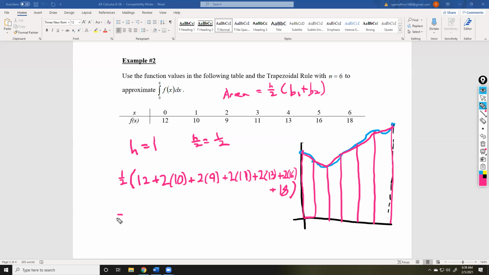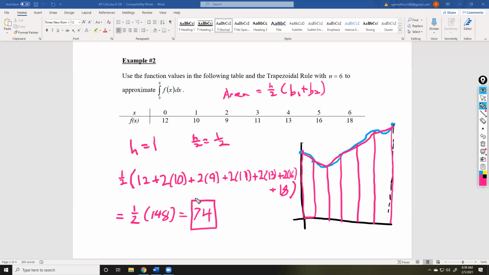And if I add these all up, I get 148. So if I cut that in half, I should get 74. So that is my area with the trapezoidal rule.